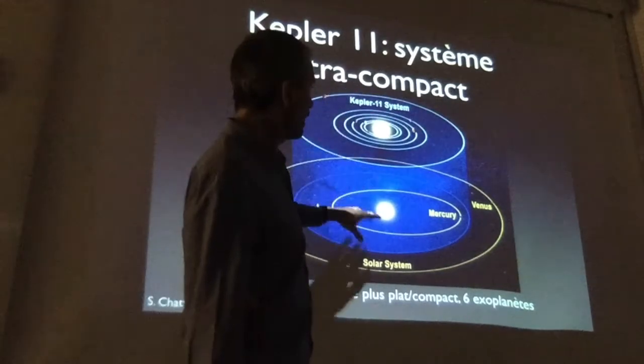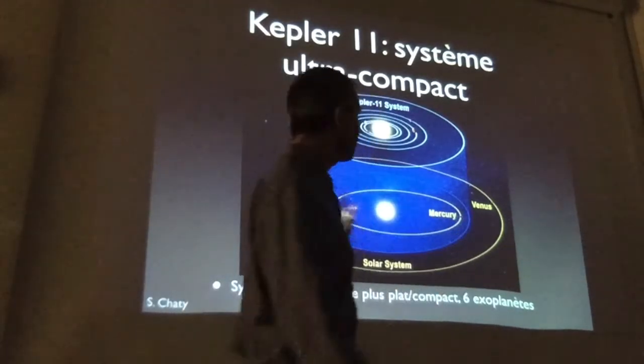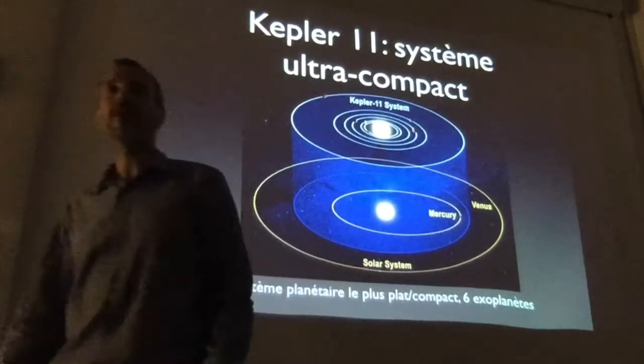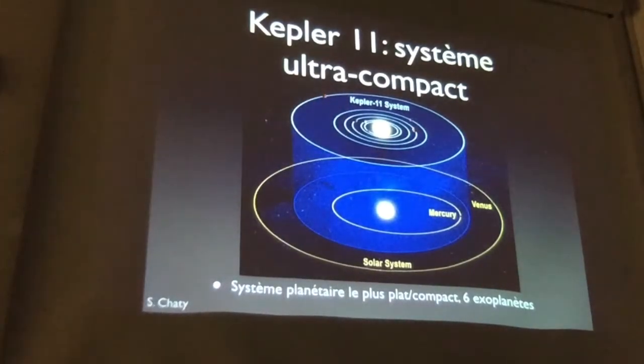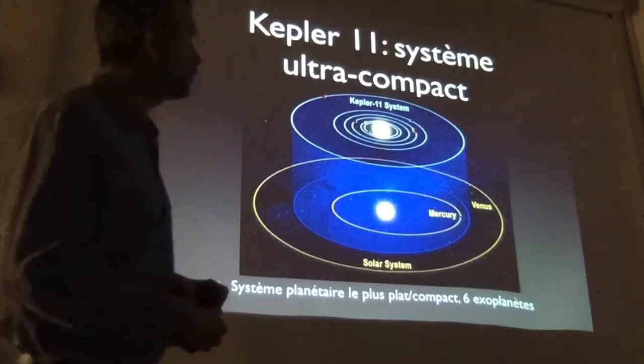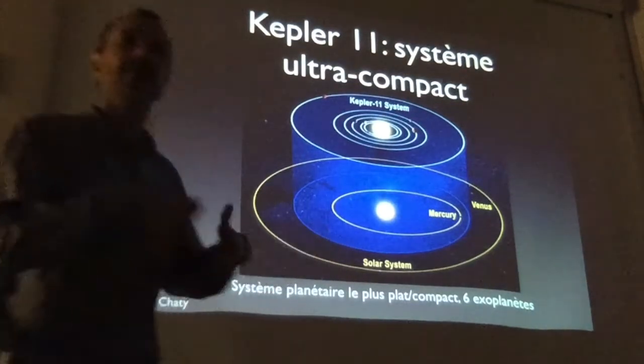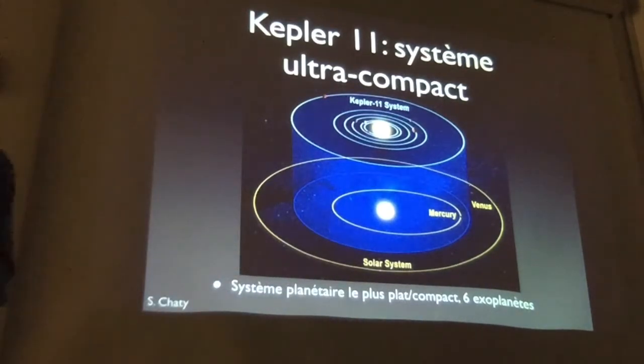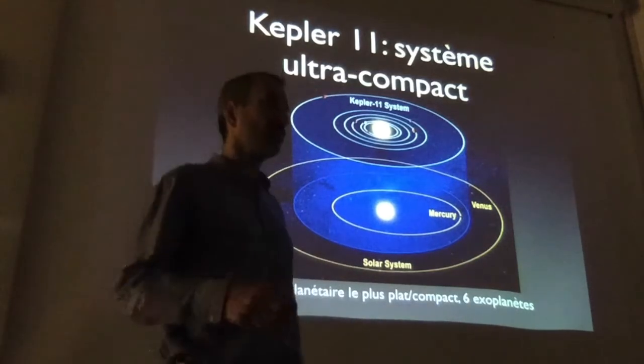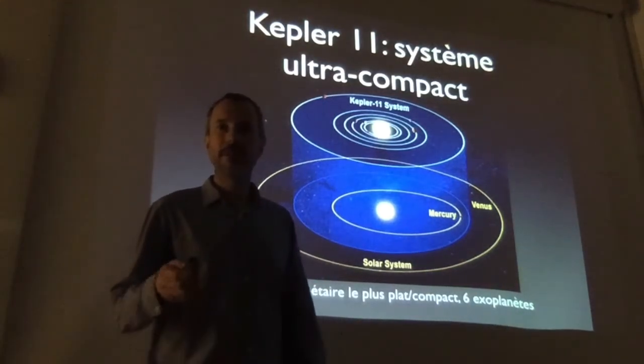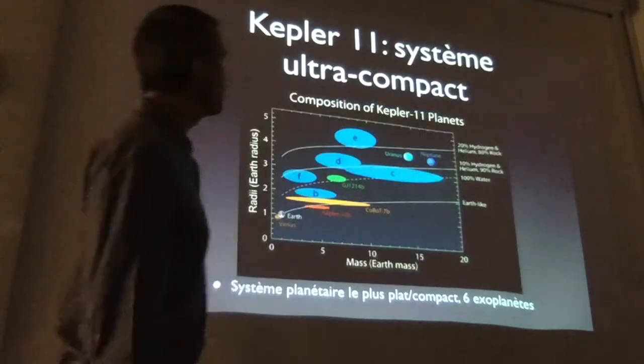And the 6 exoplanets are nearly within the orbit between Mercury and Venus, a bit more than Mercury. So very compact, which shows again that our solar system is not typical at all of most exoplanetary systems.